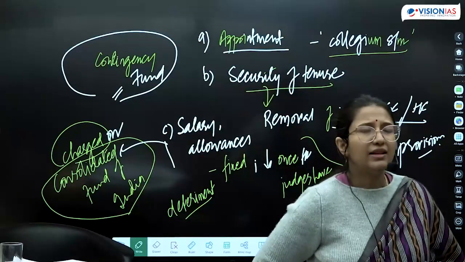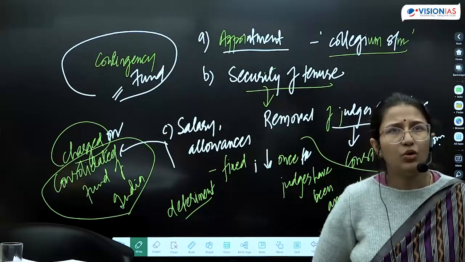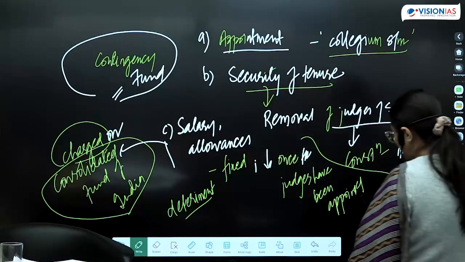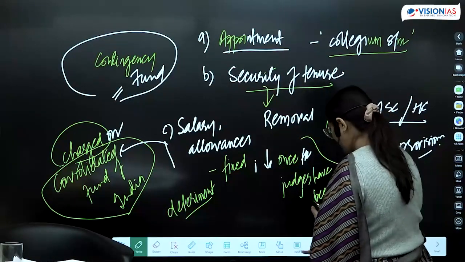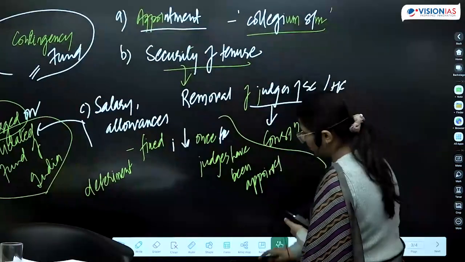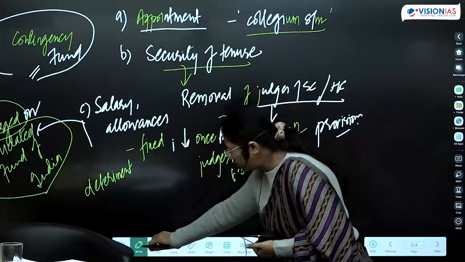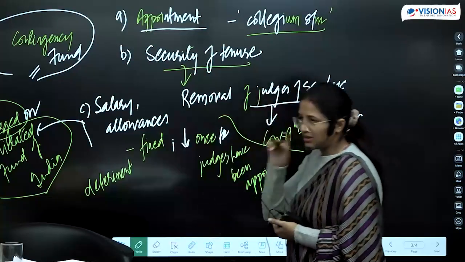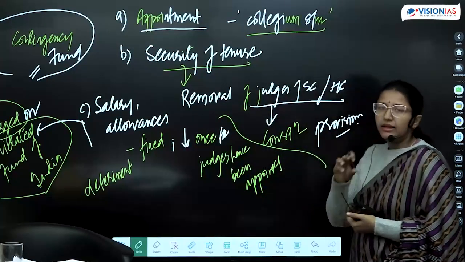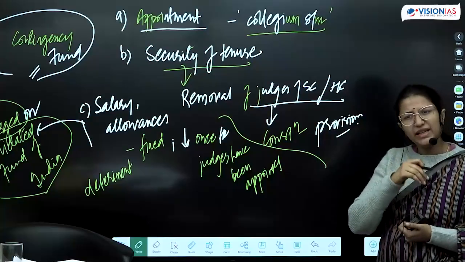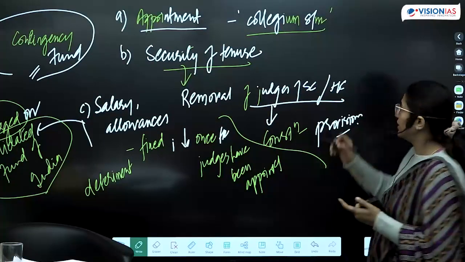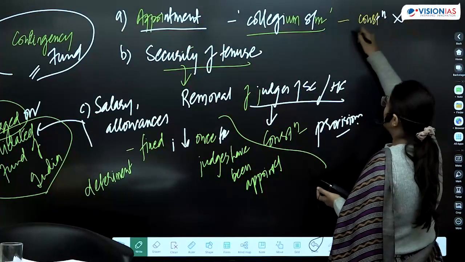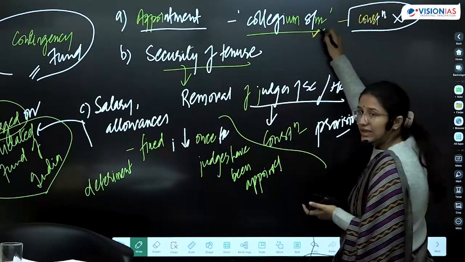Fine. Yes, there are a few students who have a doubt with respect to the collegium system. See, collegium system as such I have not explained. Now, since so many of you are asking, let me tell you about the collegium system in brief. What is this collegium system? In the constitution, there is no provision with respect to the collegium system.